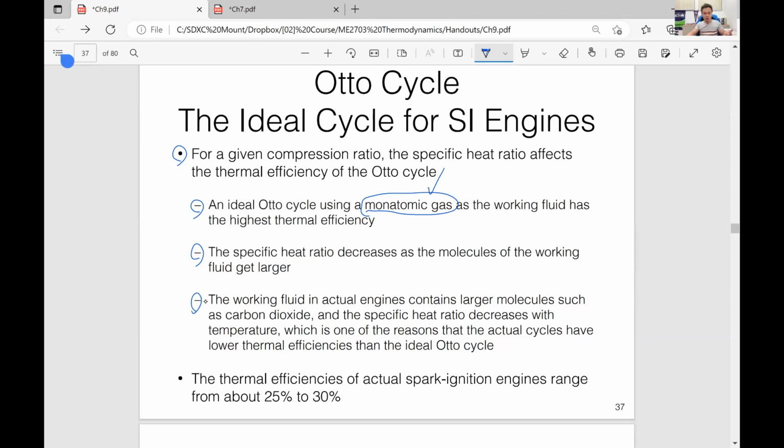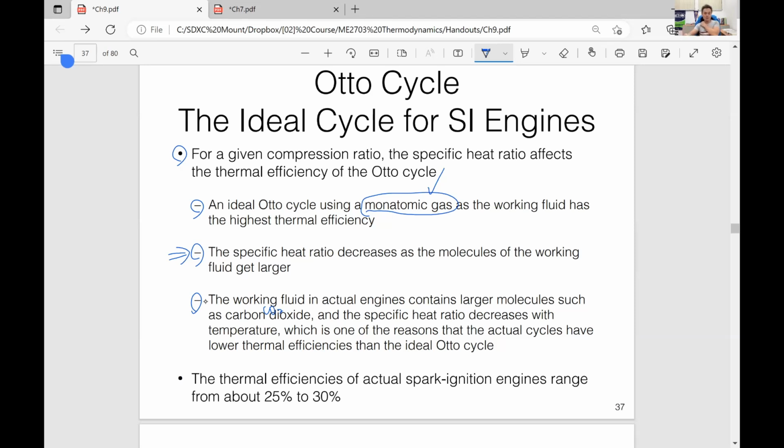Then next, the working fluid in actual engines contains larger molecules such as carbon dioxide, CO2. Like the second statement says, the specific heat ratio decreases when the molecules of the working fluid get larger.